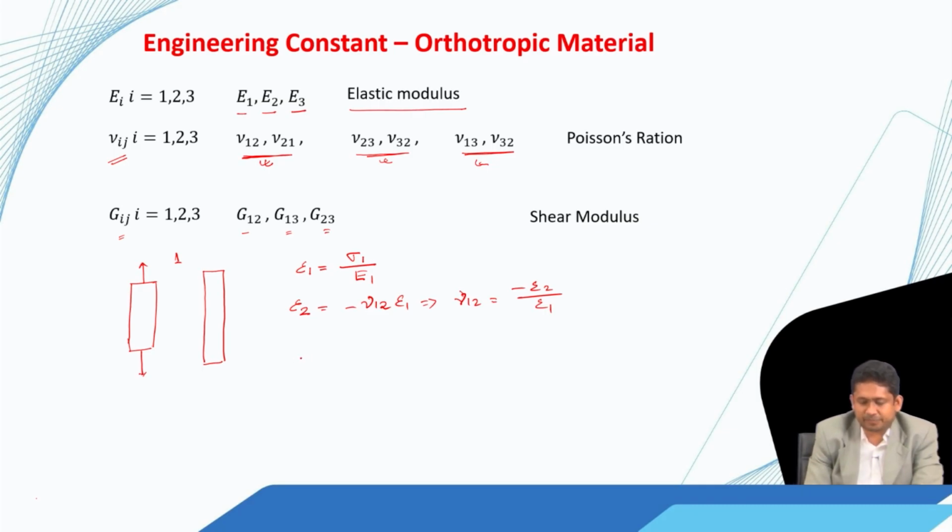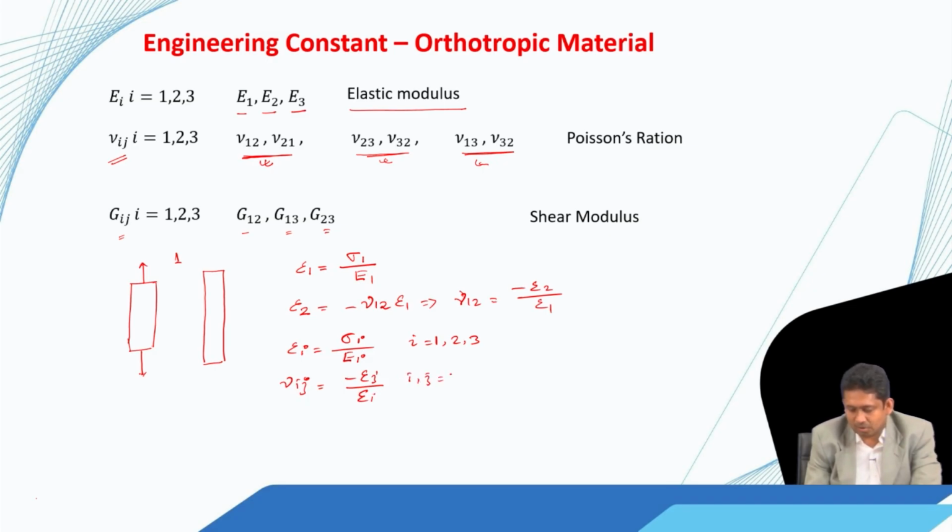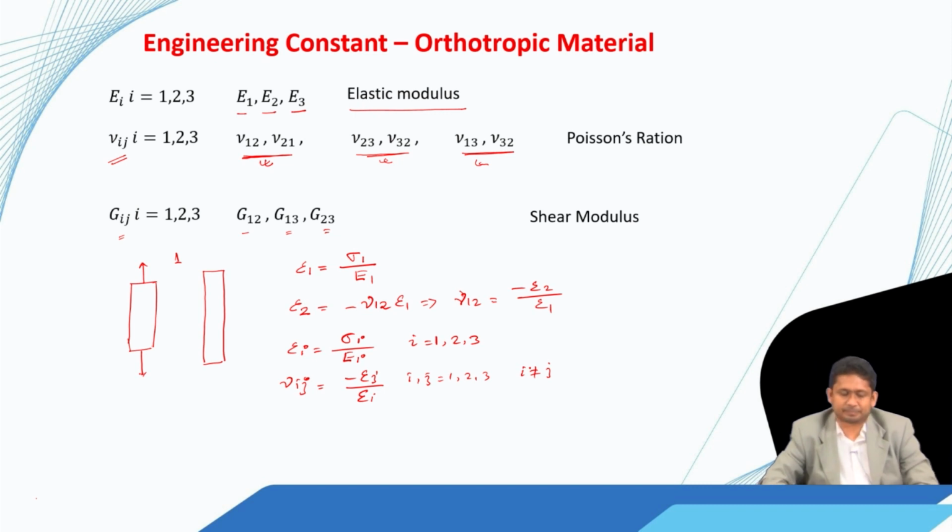Likewise, we can define all the terms. So we can generalize this as epsilon i is equal to sigma i divided by E i, where i goes from 1 to 3, and nu ij is equal to minus epsilon j divided by epsilon i, where i and j go from 1 to 3 and i is not equal to j.